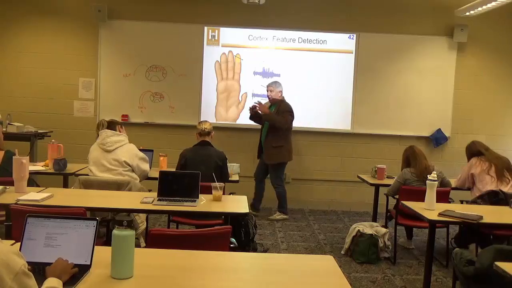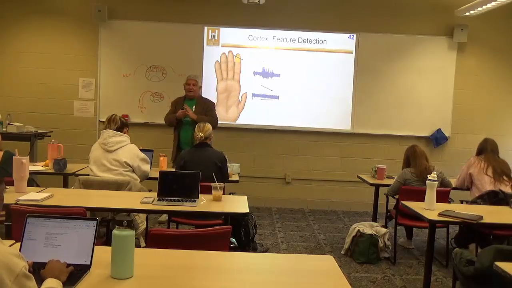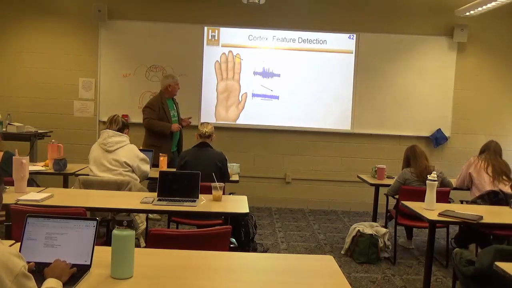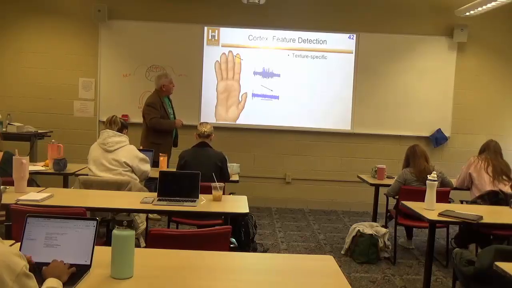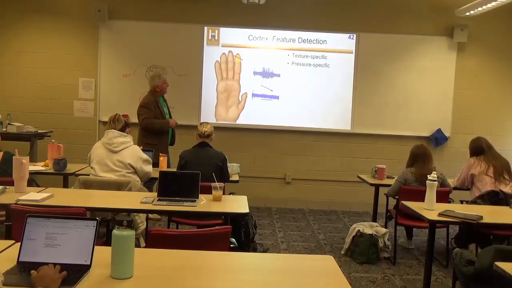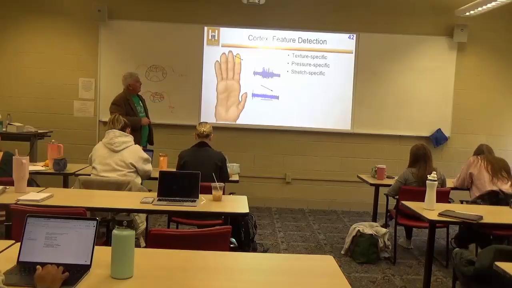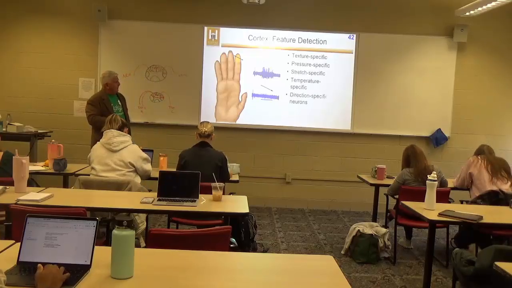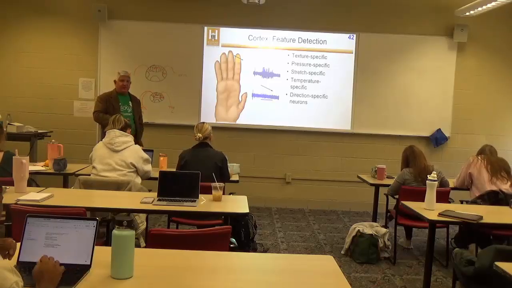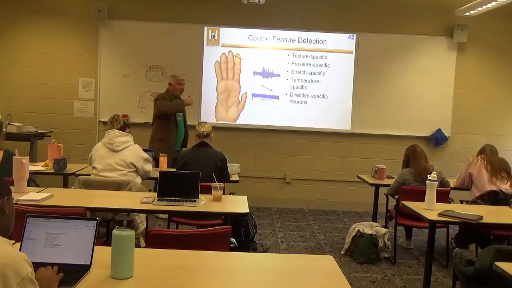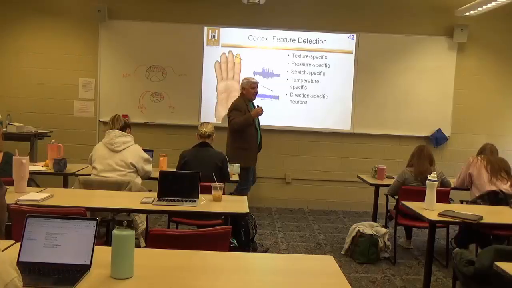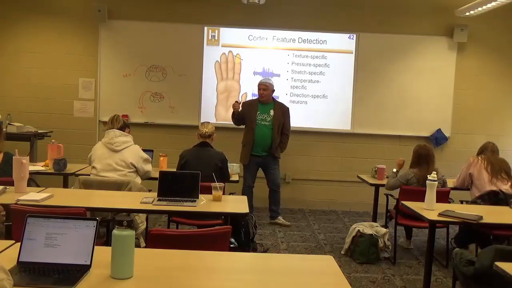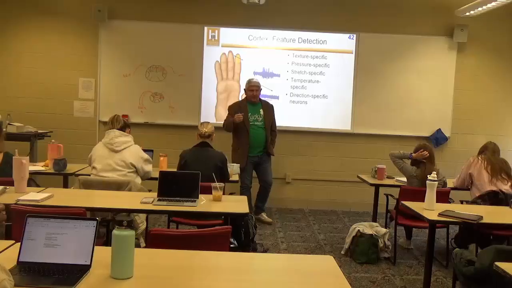So instead of lines, we're talking about things touching us in different orientations. We also have movement and texture-specific ones. So we have all of these different types of features that are represented in columns in that one dermatome, or for that one particular area of the body.